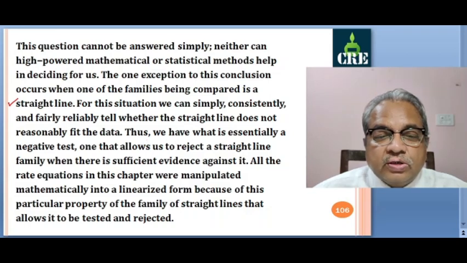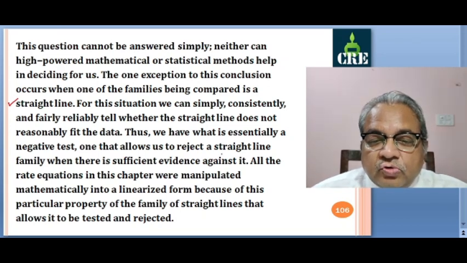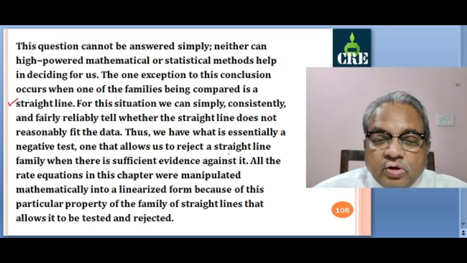Thus, we have what is essentially a negative test. When it is not fitting, then you have a negative test. So you reject the straight line family when there is sufficient evidence against it. Means if your data is not fitting the particular integrated form of rate law for which you are testing the kinetics, you reject that. If it is fitting well, then you accept that.